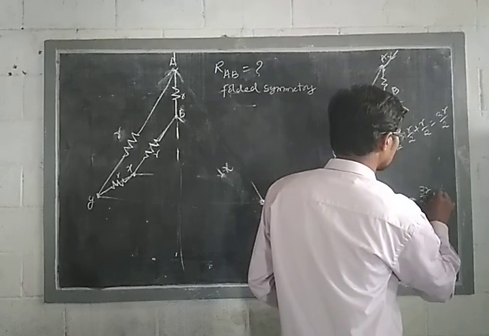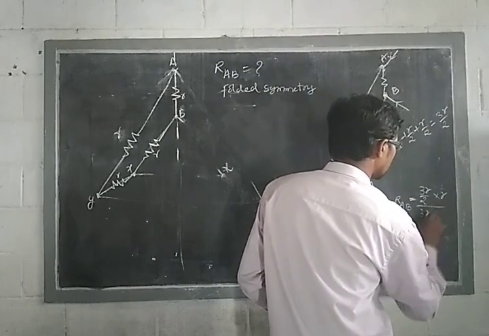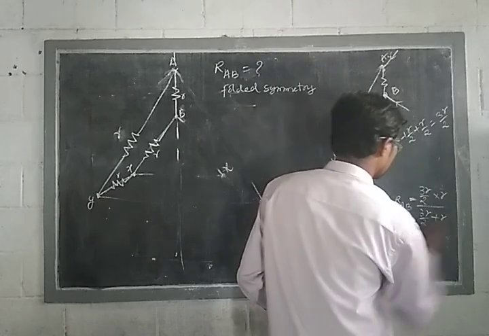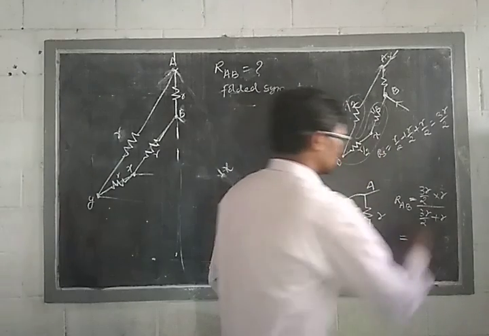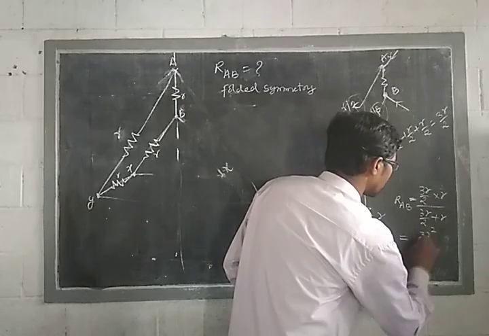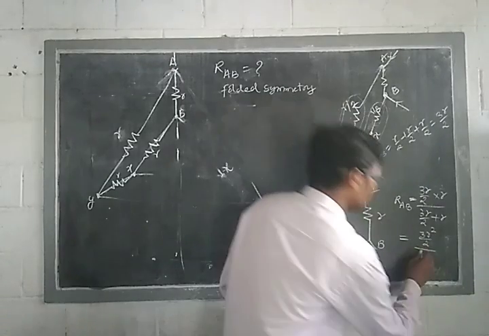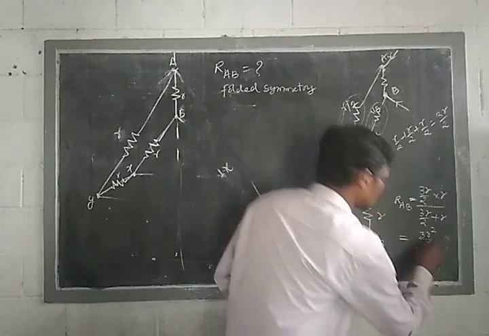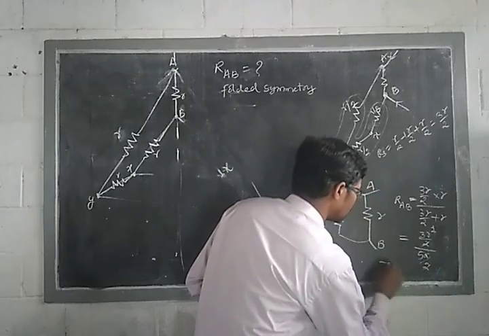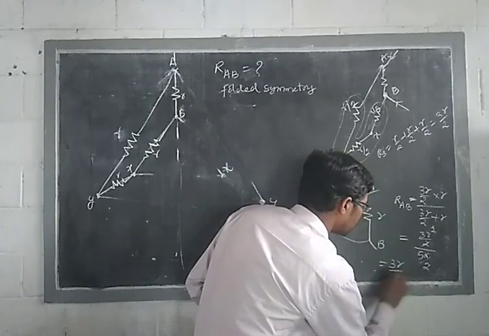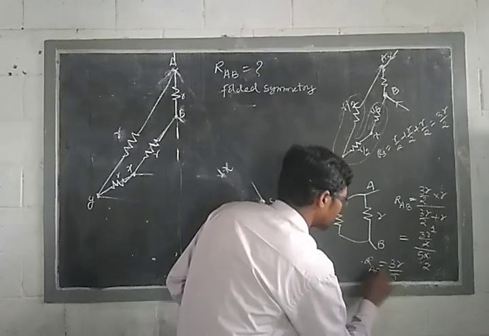That is 3R by 2 into R by 3R by 2 plus R, which gives 3R square by 2 by 5R by 2. The 2 cancels, one R is cancelled. That is equal to 3R by 5, the equivalent resistance.